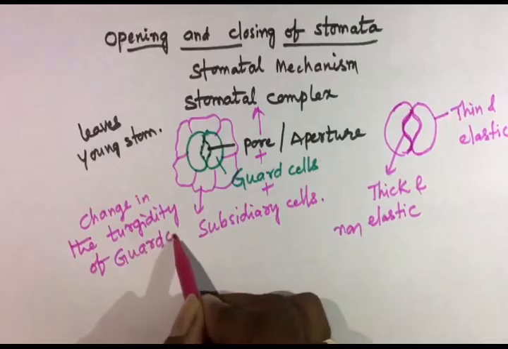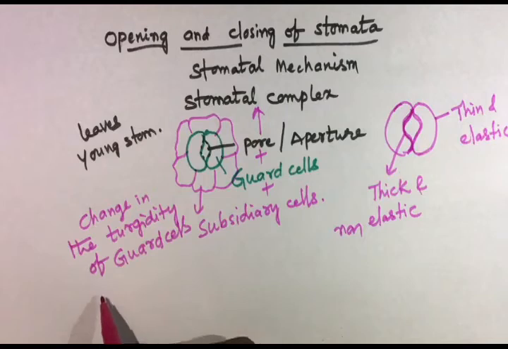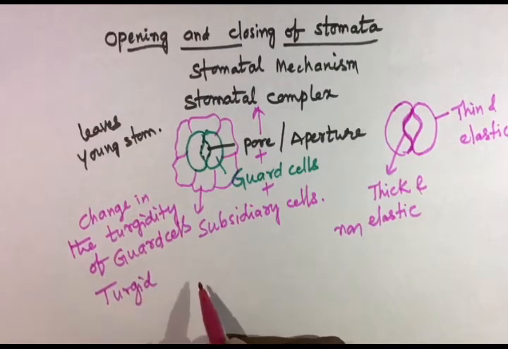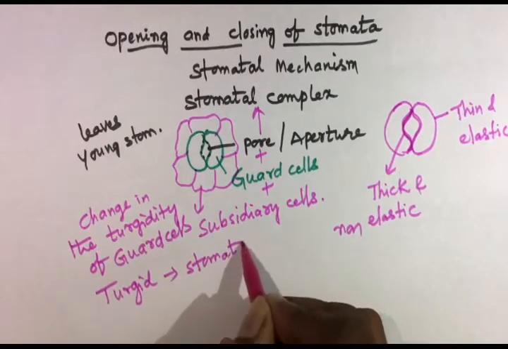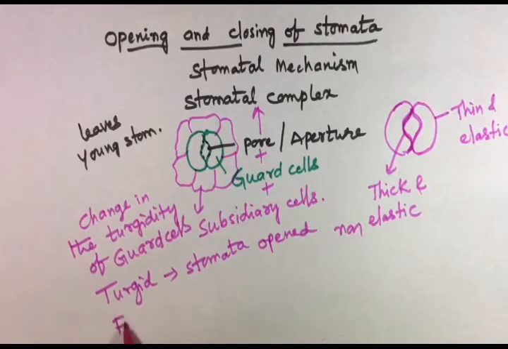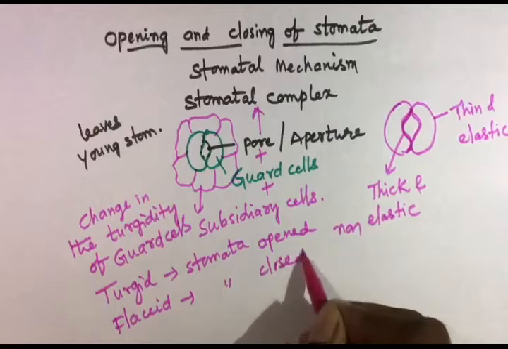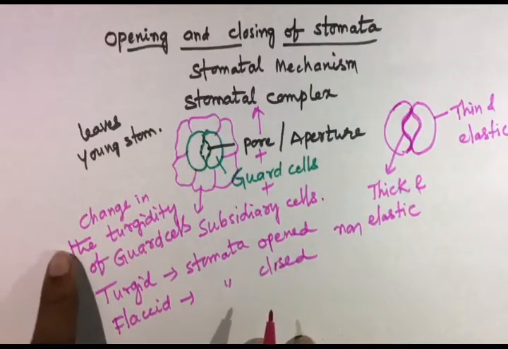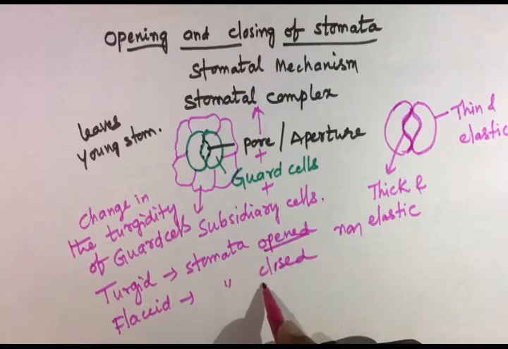Whenever guard cells are in turgid condition, the stomata is opened. And whenever guard cells are in flaccid condition, the stomata is closed. So due to the change in turgidity of guard cells, stomata are opened and closed.